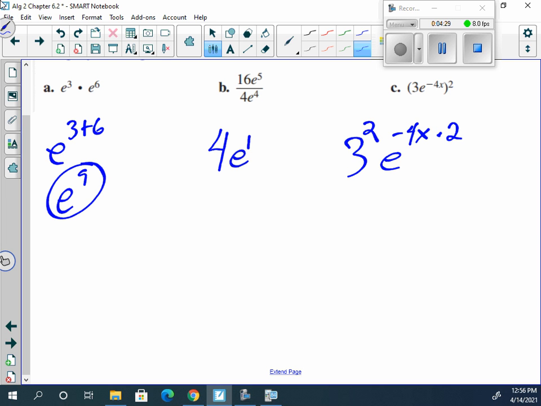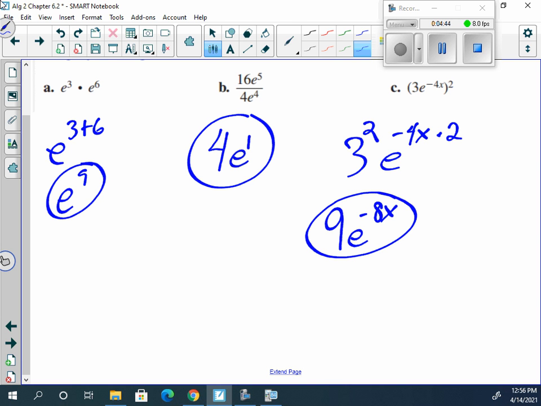Well, 3 squared would be 9. e, well, negative 4 times 2 is negative 8x. So we would square the 3, and then we'd multiply negative 4x by 2, because powers of powers multiply. Any questions on either one of these here? We good with these here so far?